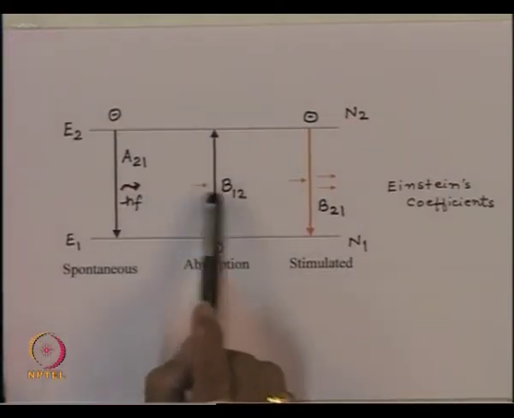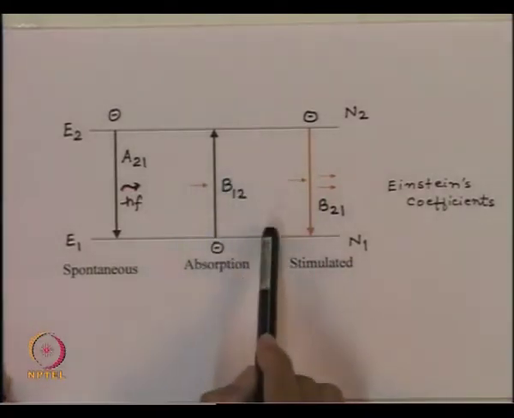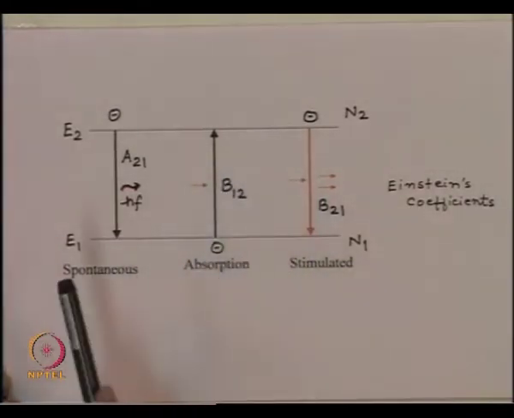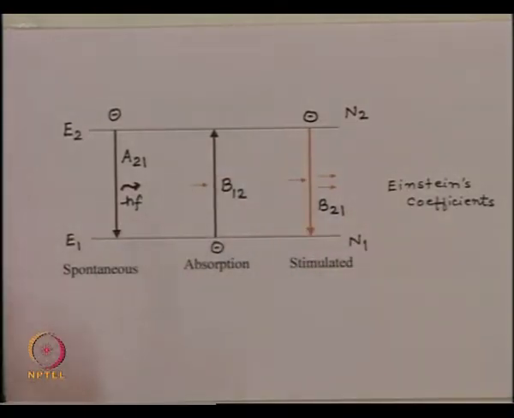When we look at the interaction of a photon with the system of energy levels, where the difference is exactly equal to the energy of a photon, essentially we are talking about a resonant phenomenon. The photon has an energy, that means it has a definite frequency.